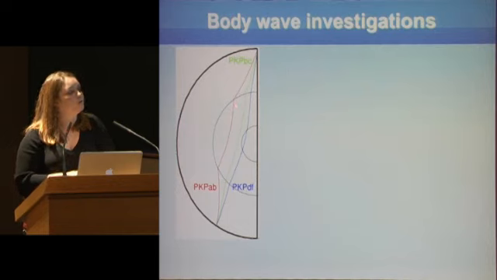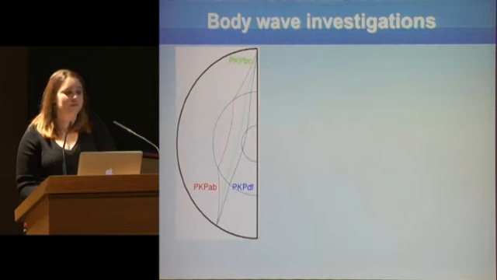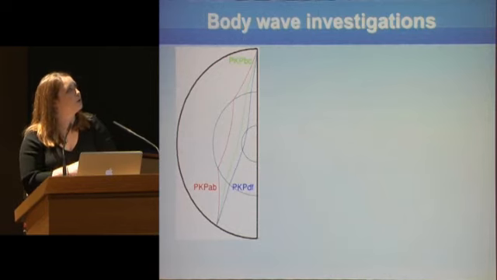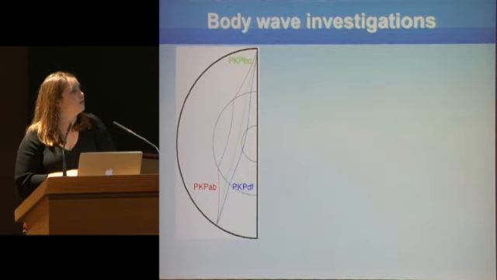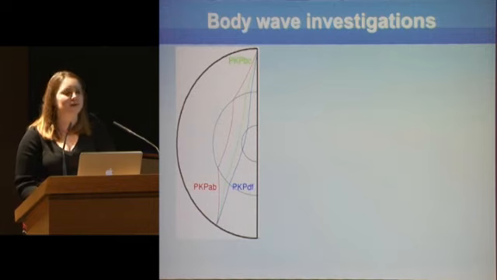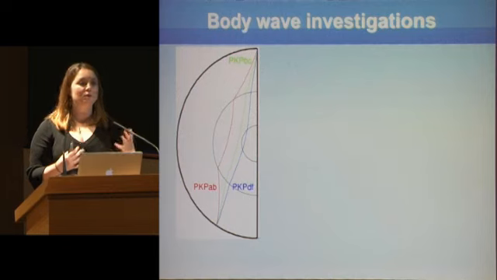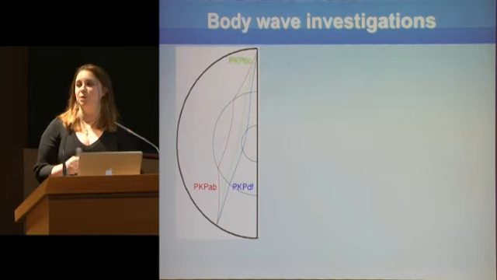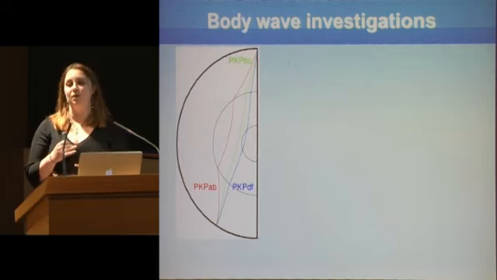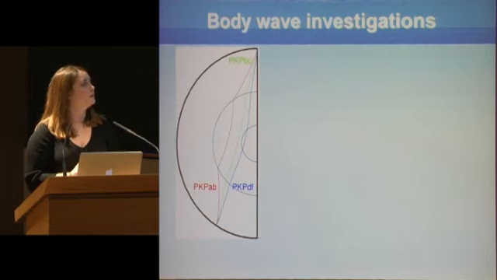PKP-AB also gets to its deepest point in the outer core, but arrives a little bit after BC, and it turns more shallowly in the outer core. You can see that the paths of all these waves are very close together in the crust and upper mantle. And if they're generated by the same earthquake and recorded at the same station, then as seismologists, we don't have to worry about the earthquake being mislocated or mistimed.